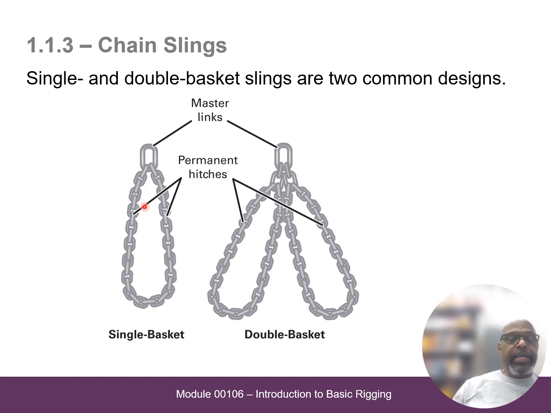So if they're lifting a container where it doesn't matter, it's not the product itself, something like a chain sling certainly can work. Or lifting some heavy equipment at lifting points where it won't be damaged is a way to do it. And so now the hitch is actually these right here, the hitches. The whole thing is the sling.